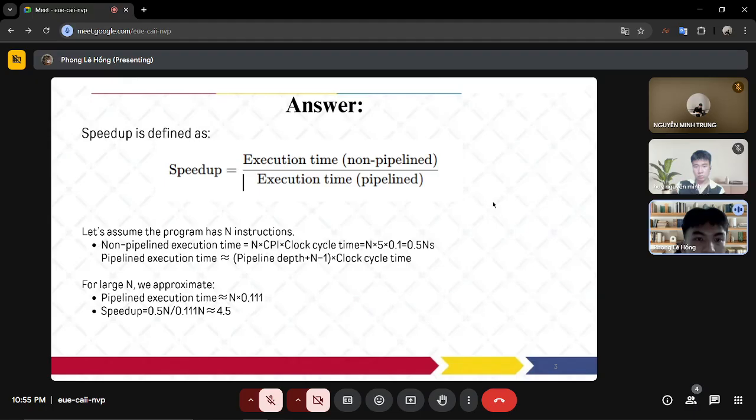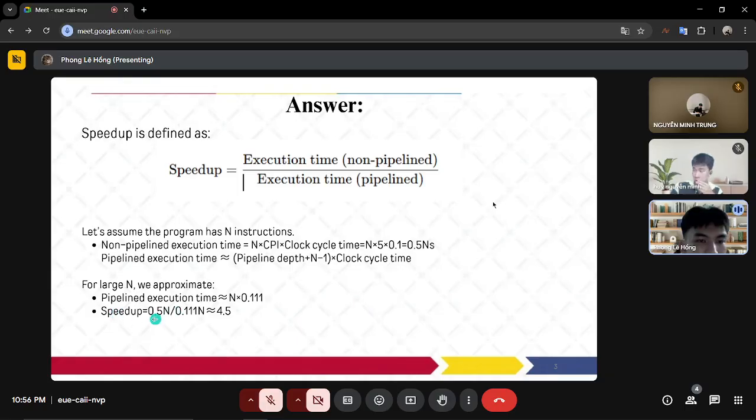The speedup is defined by this method. Assume that the program has n instructions. The non-pipeline execution time is 0.5n, and the pipeline execution time for large n we approximate as n times 0.111.